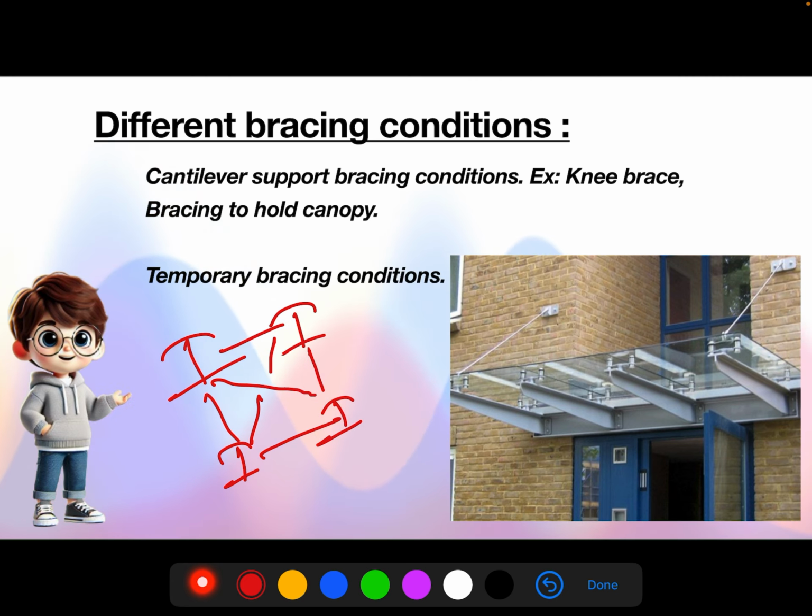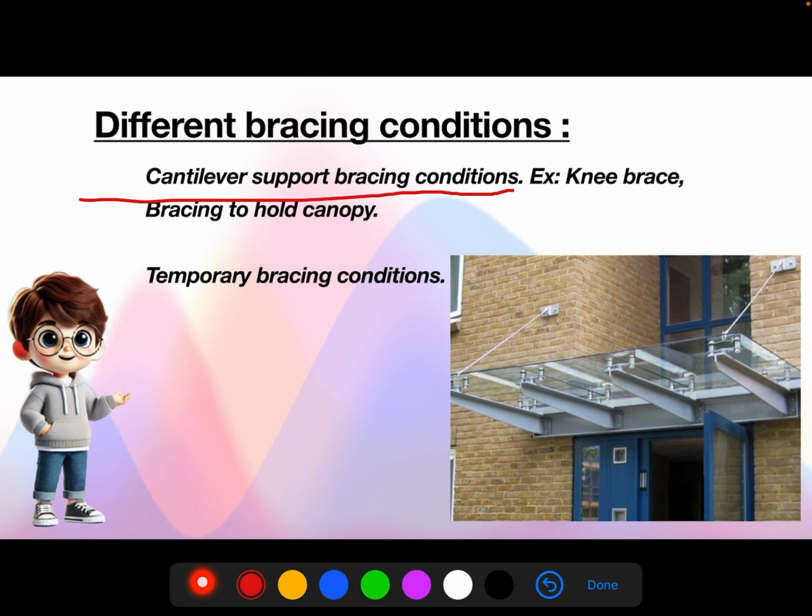And when a building is to be surrounded with girts on all the sides, and that needs structural steel support, in that condition also we will use bracings. Apart from these horizontal and vertical bracings, there are two more conditions where we need bracings.